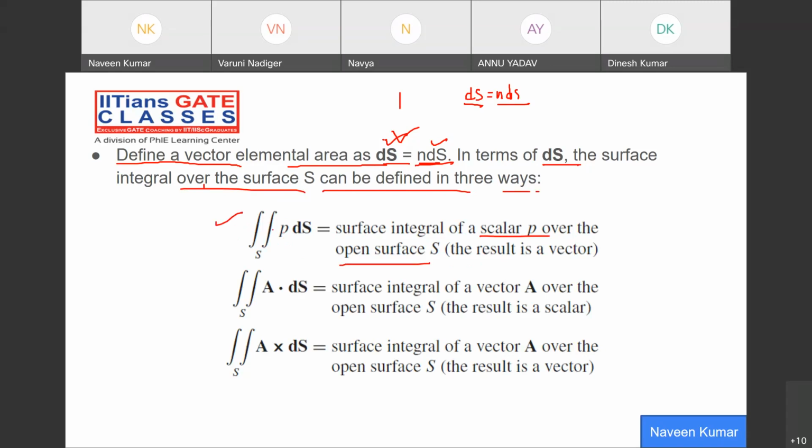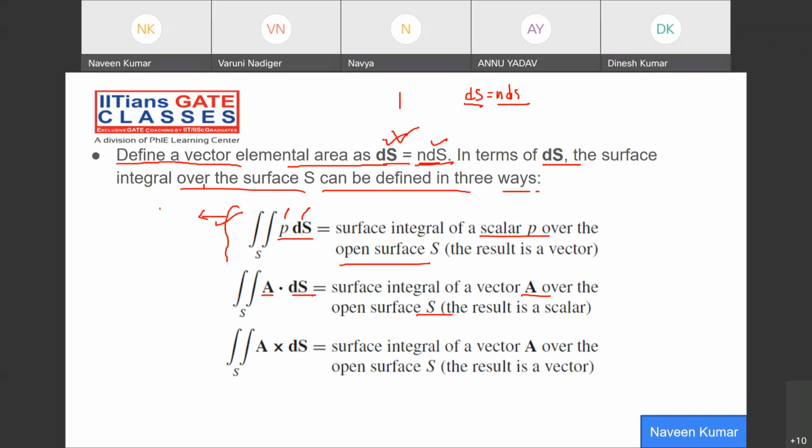Then for a vector A over the open surface S, A dot ds. Can you tell me what the result will be for P ds? Is it a vector or a scalar? If you integrate P ds over this open surface S, what will be the result? P is a scalar quantity, ds is a vector quantity.